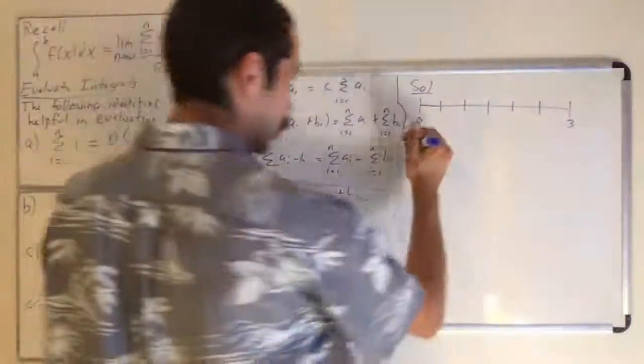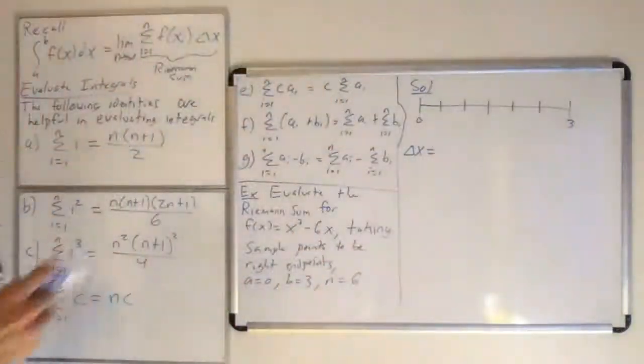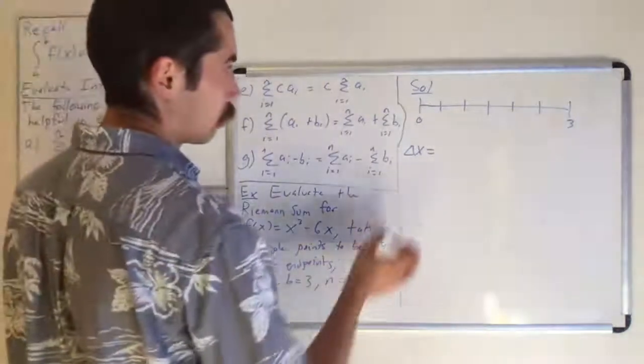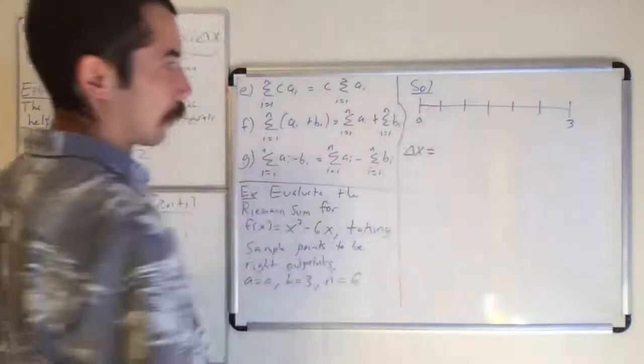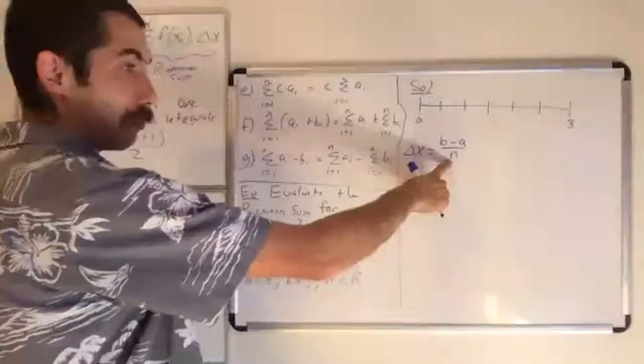I guess we should first say, how wide are they all? We call it delta x. How wide is each of these subintervals? It's the length divided by the number of regions, which is n. So in this case, it's 3/6.